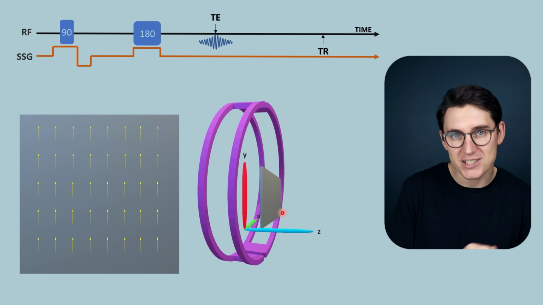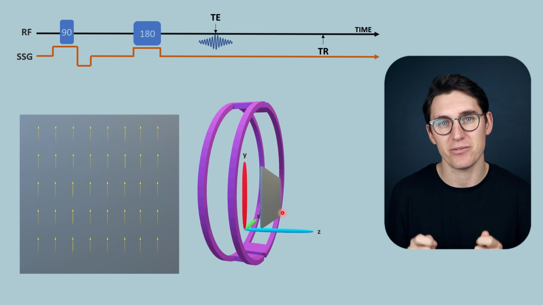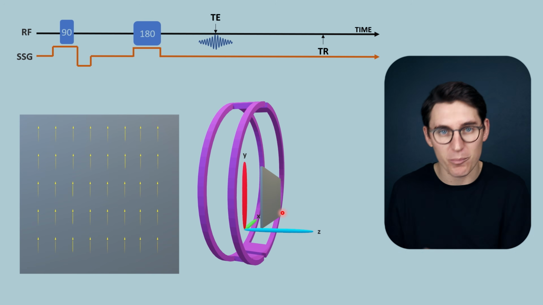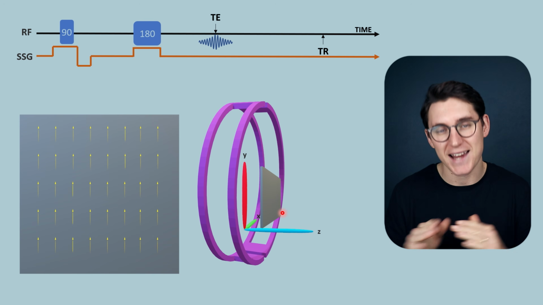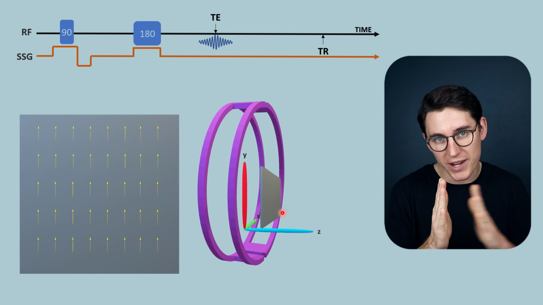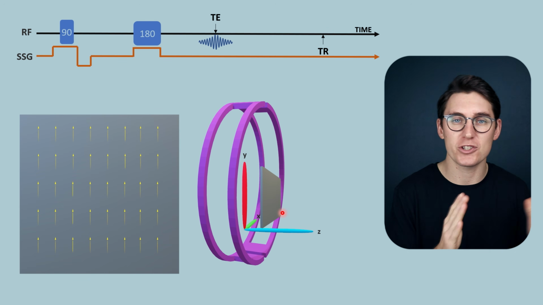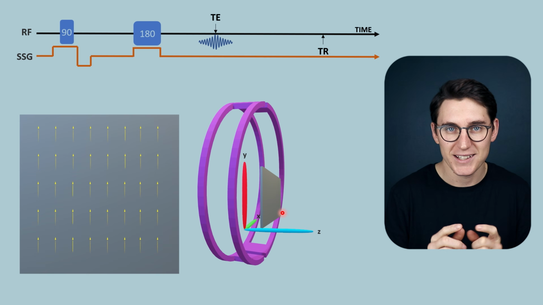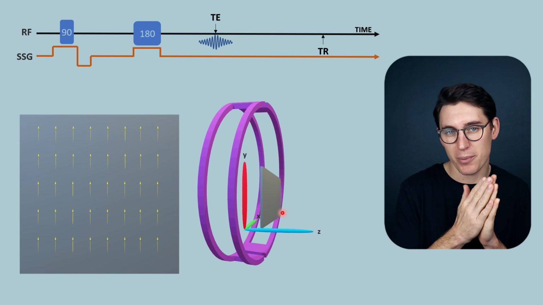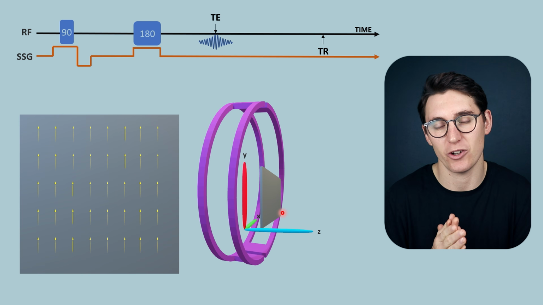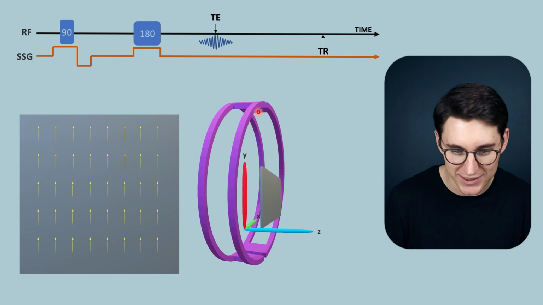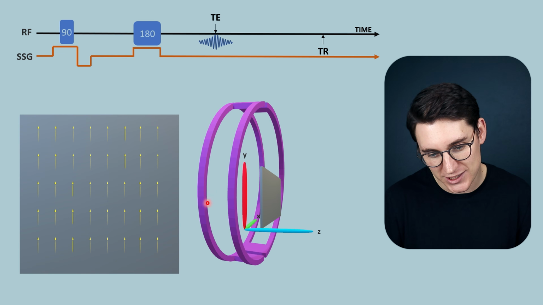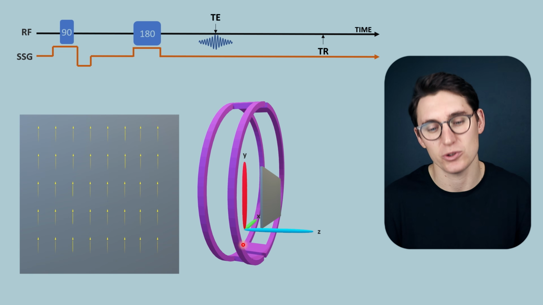Now, the problem previously was all those spins were spinning in phase with one another, and their magnetization vectors were a sum of all those spins because they were exactly in phase. And there's no way for us to tease out where those spins are coming from in space because of those vectors being in phase. Now, to get around this, what we do is apply what's known as a frequency encoding gradient. We take this gradient coil, this purple coil that we've looked at before, and you see that this coil is separated into two halves.